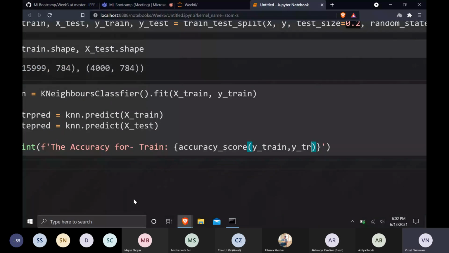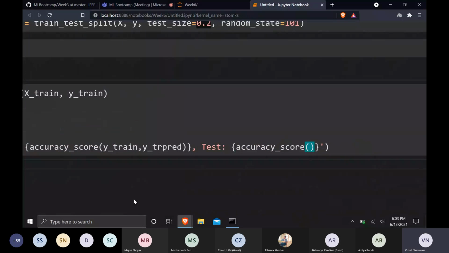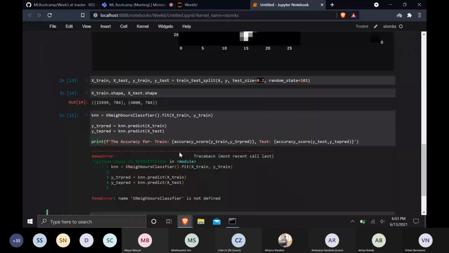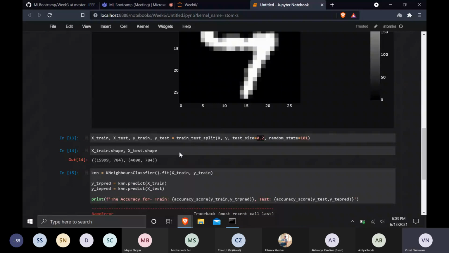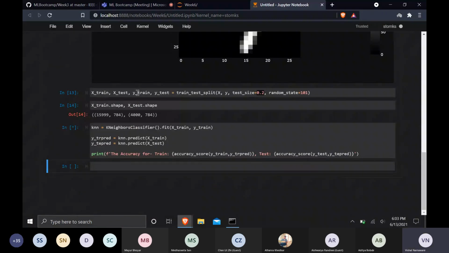And the next thing for test, it's accuracy for test, just like before, but this time y_test and y_pred_test. Right. Okay, KNeighborsClassifier, what's the spelling? And we'll just let it train.